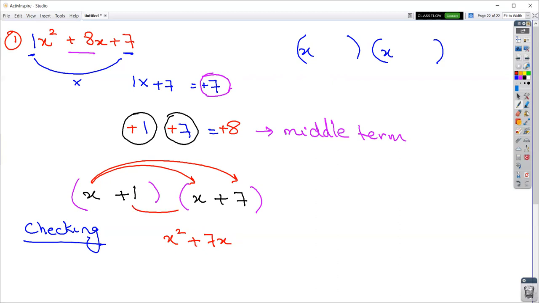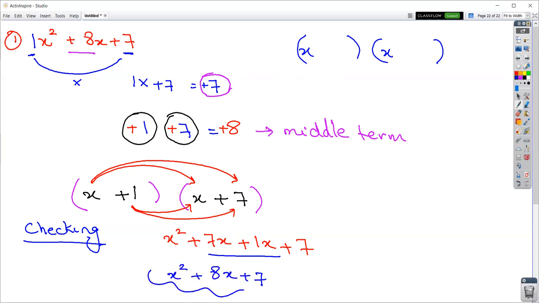Then the second term with the first term makes 1x. And then the second term with the second term: 1 times 7 makes 7. You can simplify the middle terms, plus 7x plus 1x, and it gives you plus 8x plus 7. So we are going back to the original question. This means the factorization into two brackets is right, because when we expand it, we get back to the same expression.